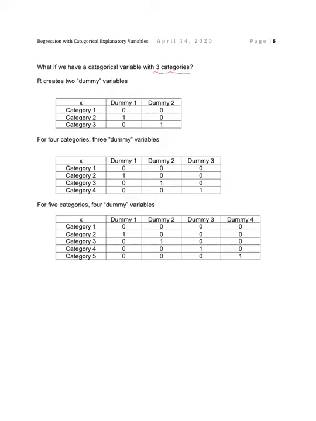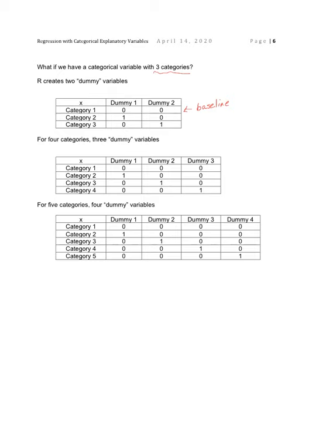So this is category 1 is our baseline value. And R is going to automatically put those categories in alphabetic order. So whichever category comes first in alphabetic order is the one that's going to be the baseline.